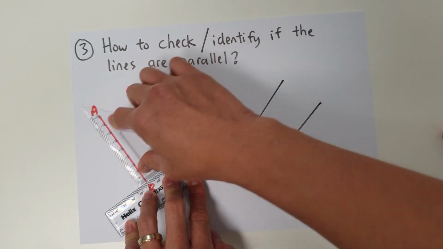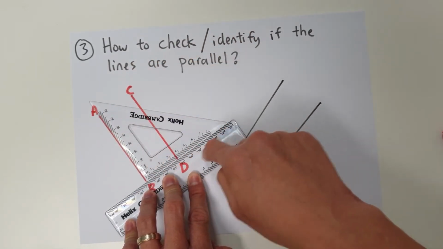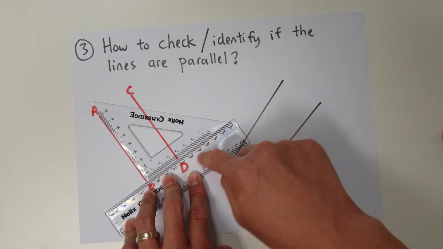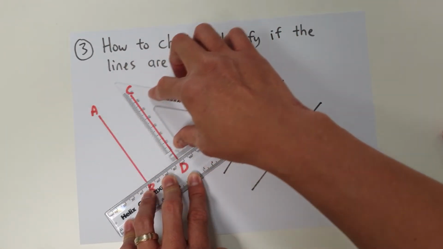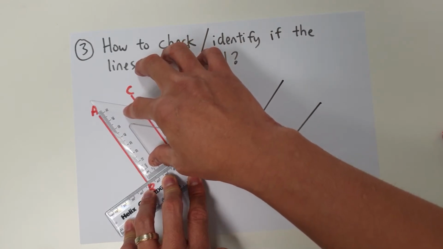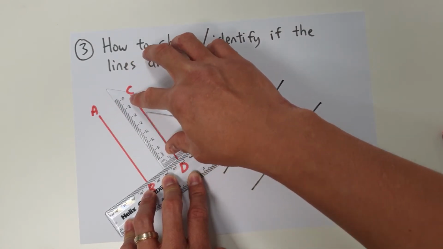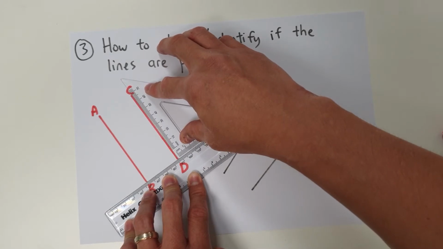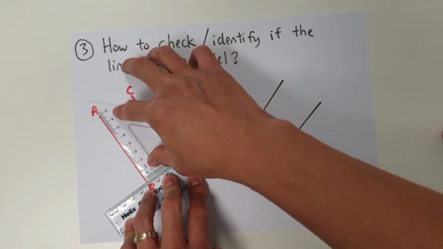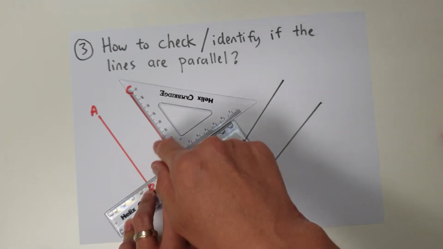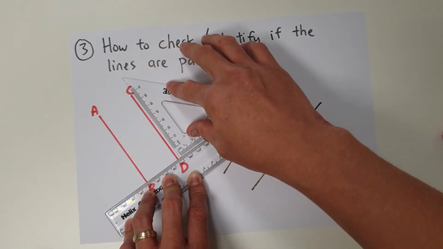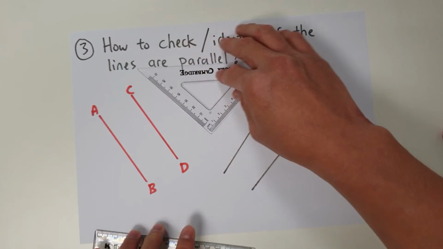Notice how it slides very well. We can use this ruler as an analogy of a train track, and this is our train, to slide along. Alright, so we notice that AB aligns perfectly with line CD. It means that the two lines will never meet. Okay, therefore line AB and CD are parallel.